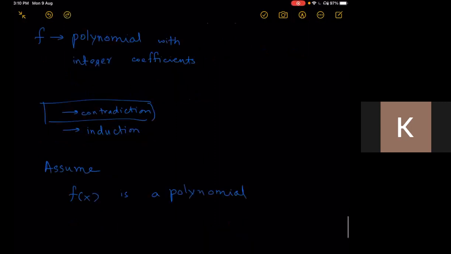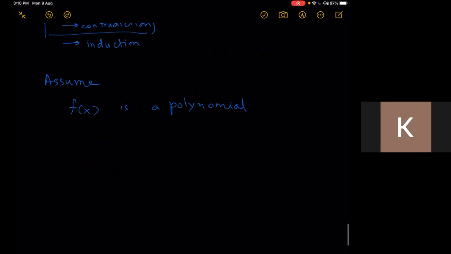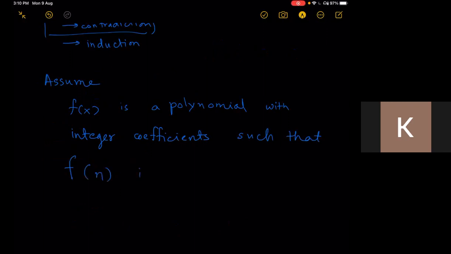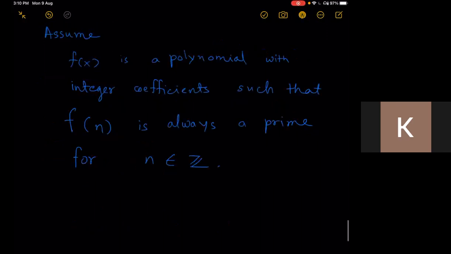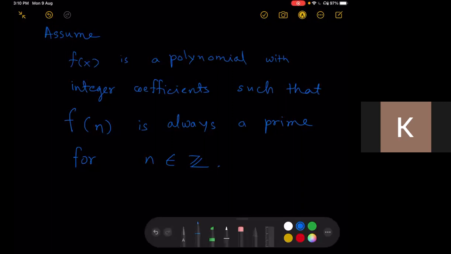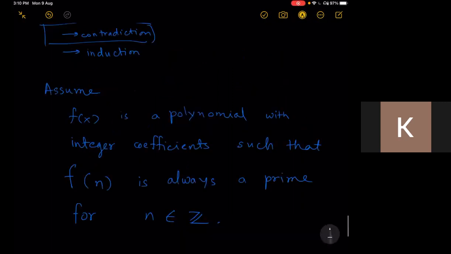Okay, polynomial with integer coefficients such that f(n) is always a prime for integer n. This is our assumption. We will prove this wrong using contradiction.